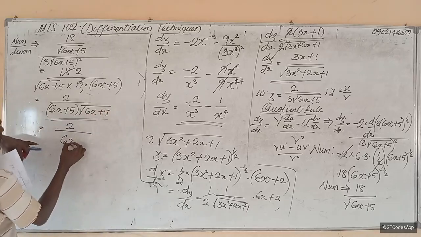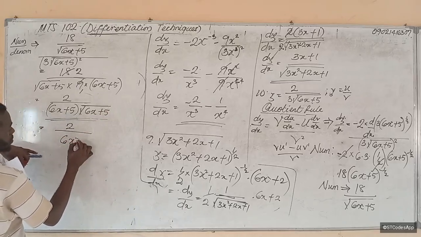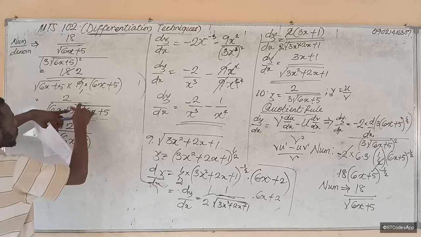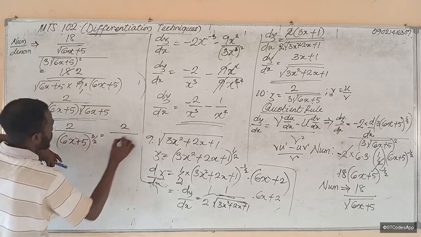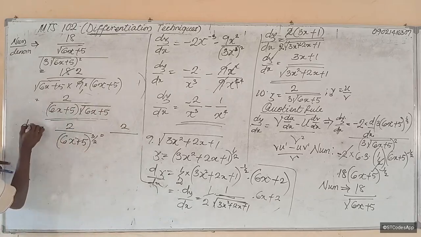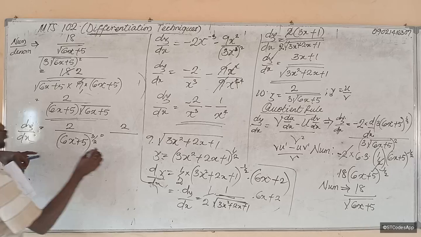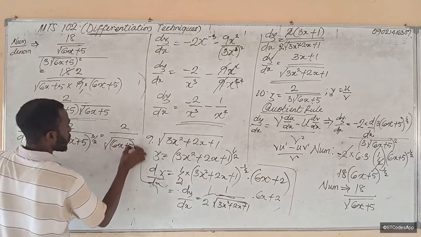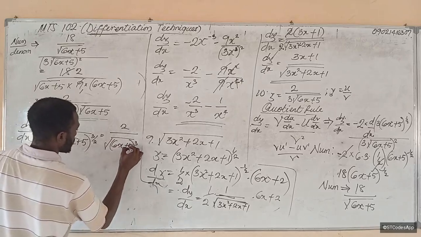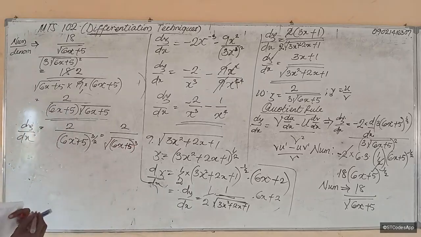So you have 6x plus 5 all raised to power 1 plus half, that's 3 over 2, in which case dy dx will be equal to 2 over the square root of 6x plus 5 all raised to power 3. And I hope this is clear.